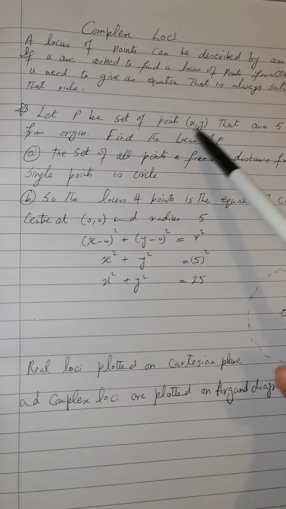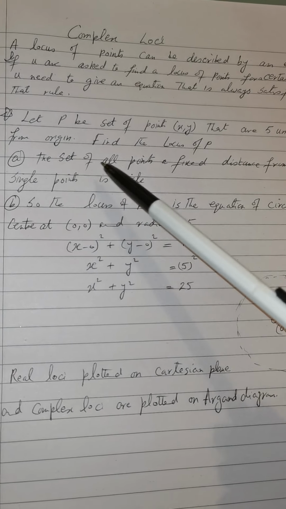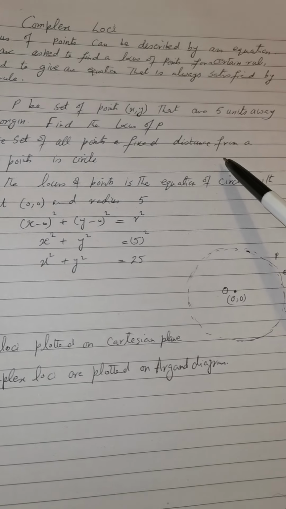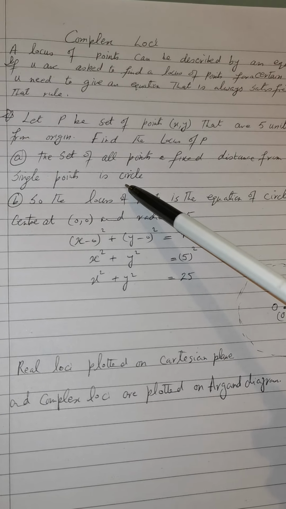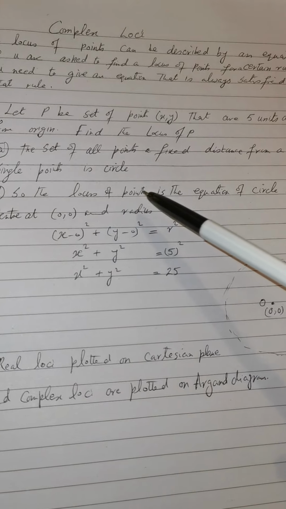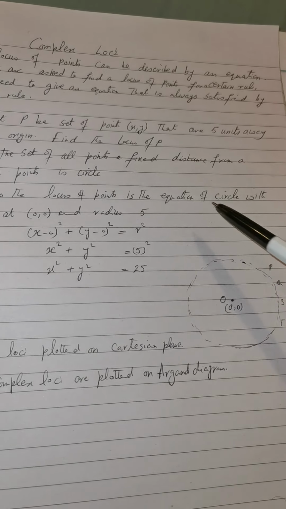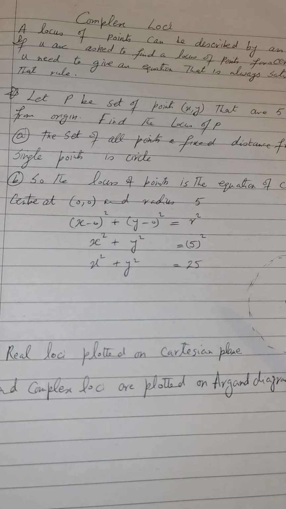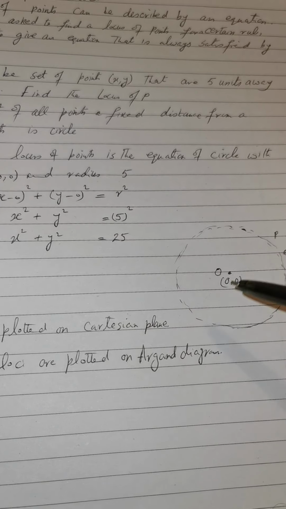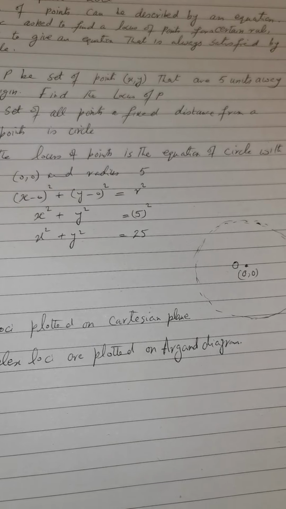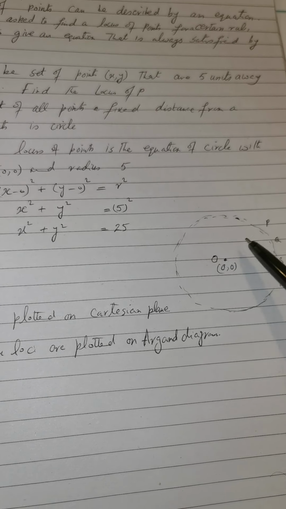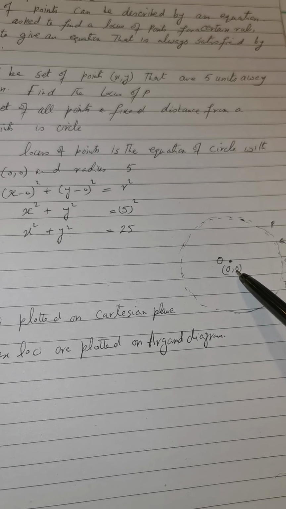So how can we solve this question? We see that the set of all points a fixed distance from a single point is called a circle. So the locus of points is the equation of a circle with center at (0, 0), and the radius is given as 5 units. So x is our first part, y is our second part.